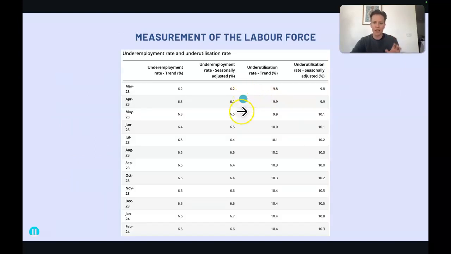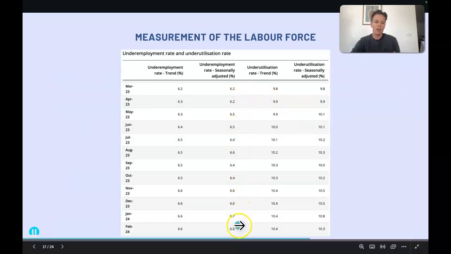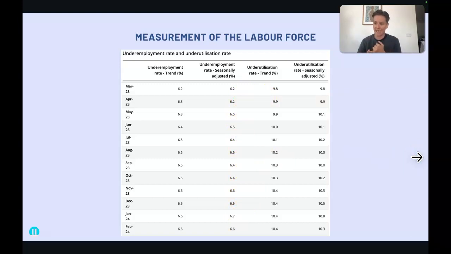And then we've got a slight increase in our underemployment rate. So if unemployment is slightly up, minusing the latest month where it's obviously dropped, and underemployment is slightly up, we're seeing overall our underutilisation rate is actually going up as well. And so this implies that we've got resources that are not being used to their full capacity.